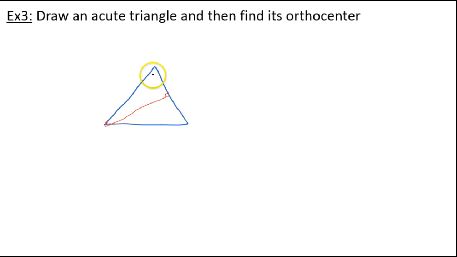So if I were to go down, this would probably be there. And then my last one would be a little bit. Let's try that again. If those were straight, they would all meet at that one point. That would be called my orthocenter. Sorry about that.